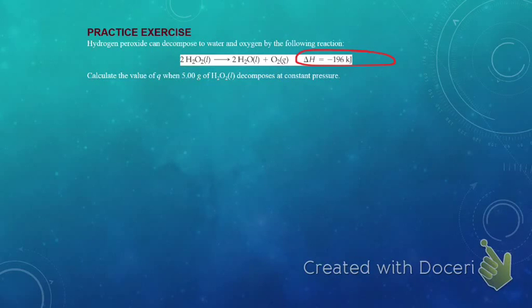This means that 196 kilojoules of heat is given off for every 2 moles of peroxide liquid.